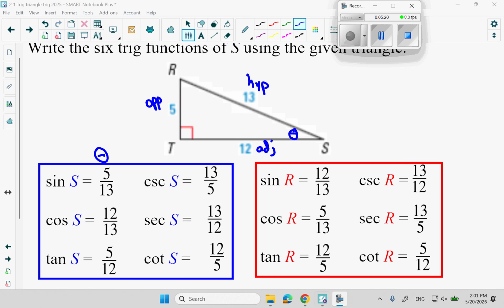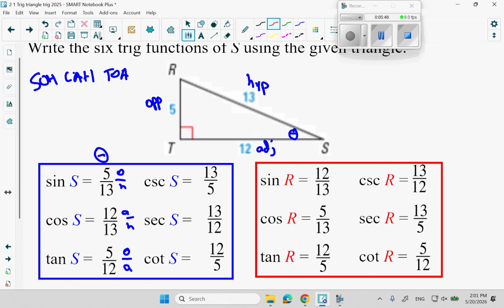So when I go to do, again, SOHCAHTOA, sine is opposite over hypotenuse, cosine adjacent over hypotenuse, tangent opposite over adjacent. We get 5/13, 12/13, and 5/12. And then obviously the cosecant, secant, and cotangent just being flipped versions of those.